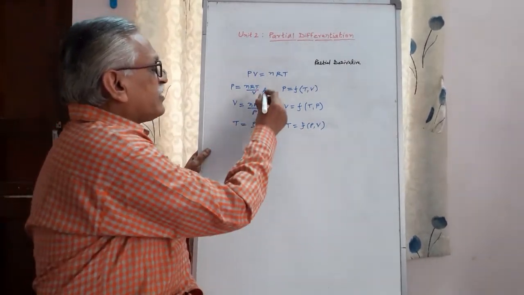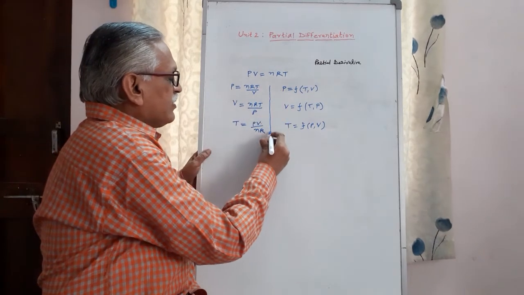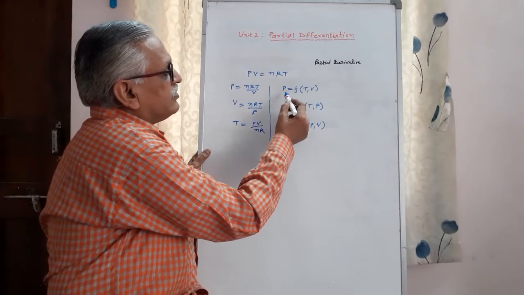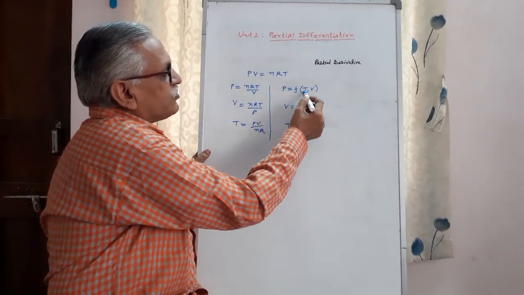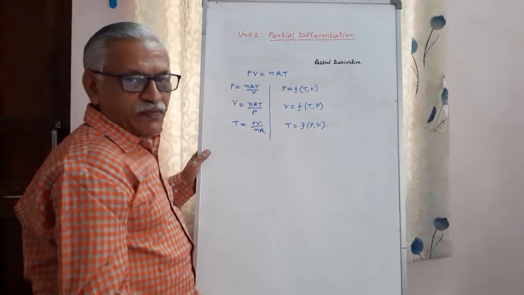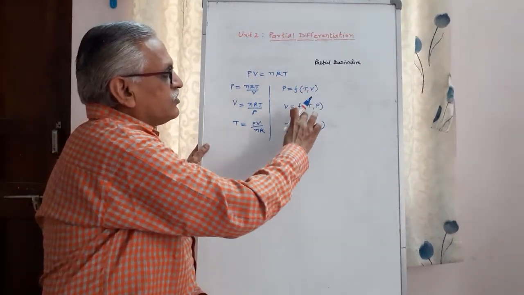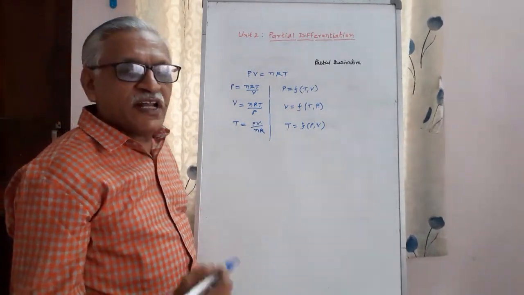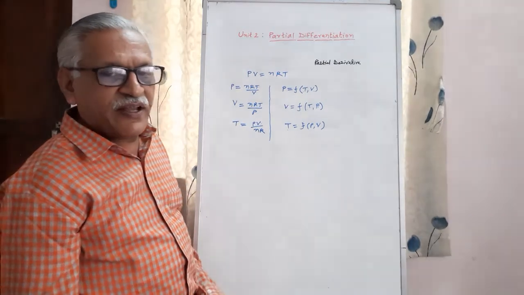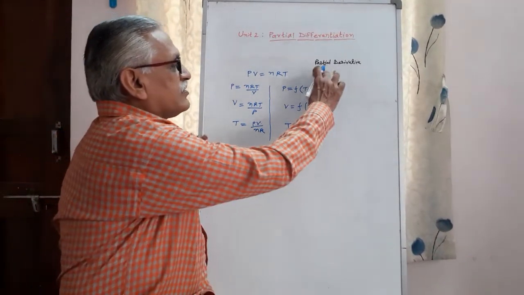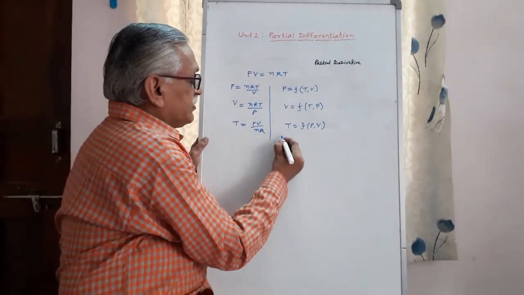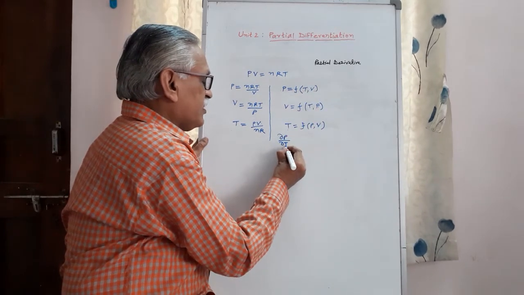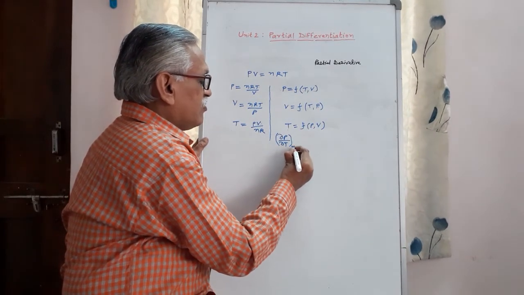Therefore all these are examples of the function where the dependent variable is a function of more than one independent variable. Every one is a function of two independent variables. And as it is a function of two independent variables, whatever the derivatives we are finding, all the derivatives are partial type. Therefore, I can find change in P with respect to change in T, keeping volume constant.